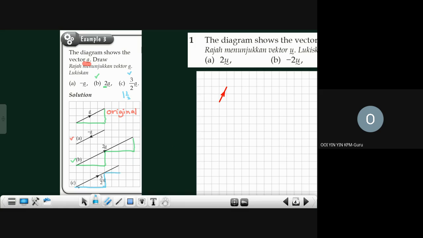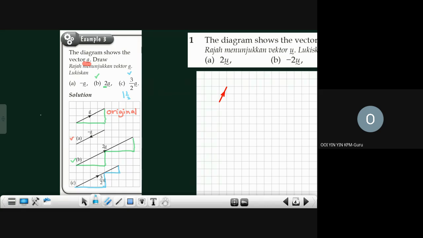It was supposed to be 4 units, now only 2 units, and vertically it was supposed to be 2 units, now you only have 1 unit. So this is half of your A. So 3 over 2 is 1.5. You just draw 1.5 of your A. Can you see the difference here? Very easy, right? You just follow the direction and count the boxes.